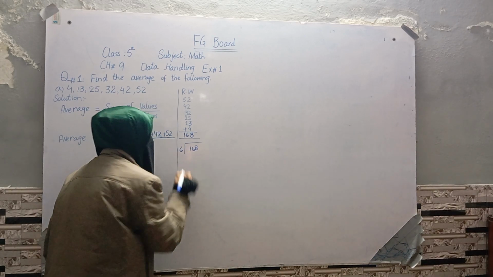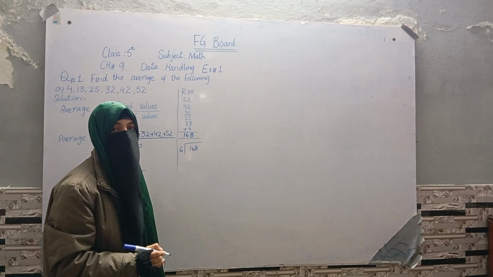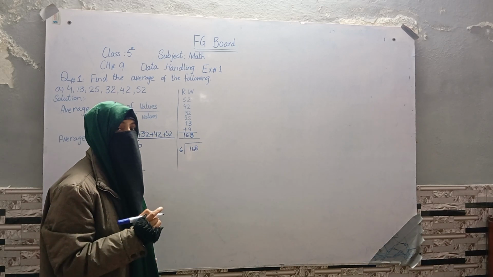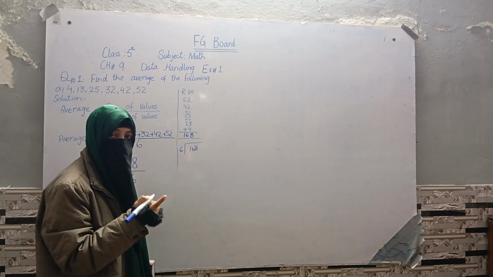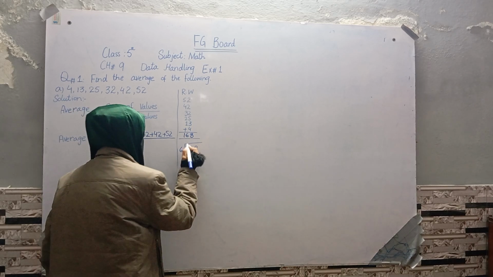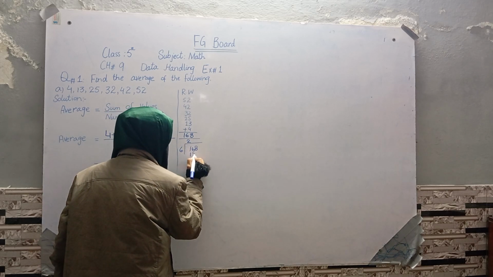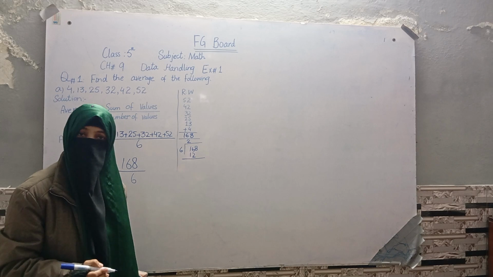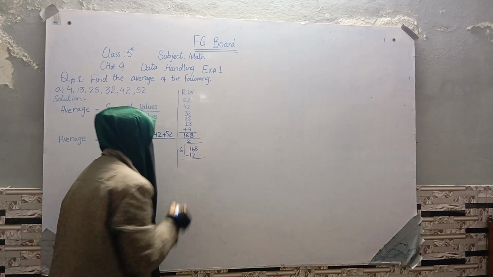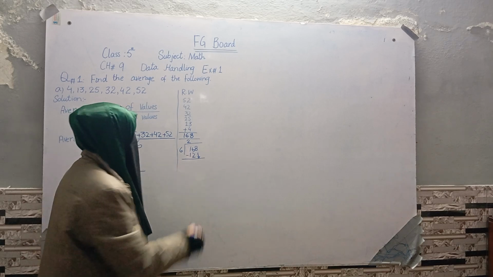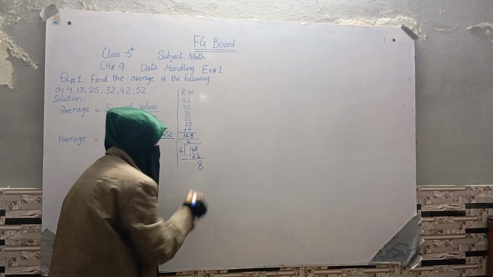So 6 ones are 6, 6 twos are 12, 6 threes are 18. 18 is greater, so we take the equal value or less value but not the greater value. 6 twos are 12. Now we subtract. First of all, I put the arrow and 8. We put the 8.